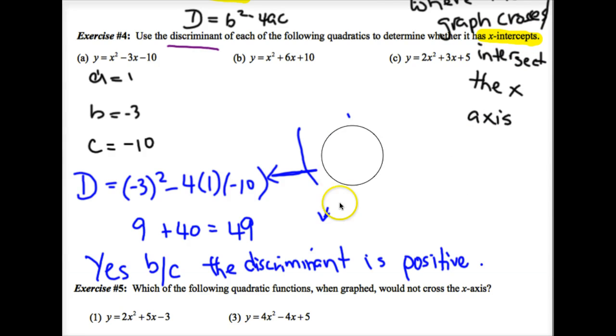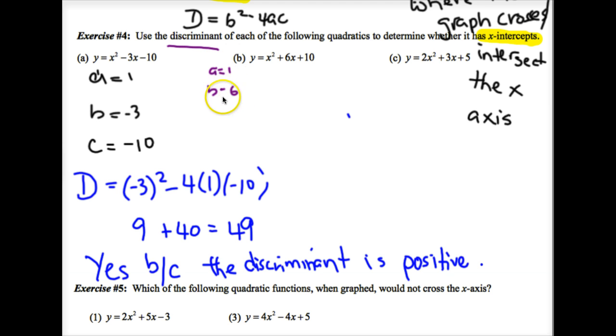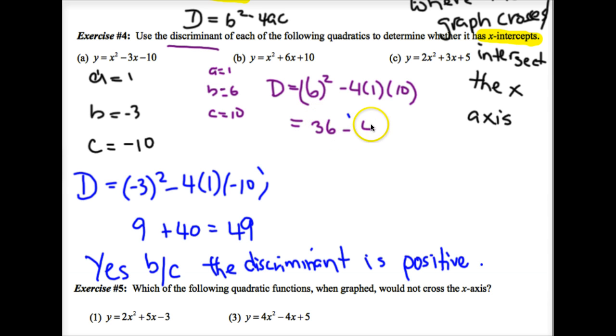Now getting rid of this, let's try B and see what we got for B. The discriminant, my A is 1, my B is 6, and my C is 10. Discriminant is equal to 6 squared minus 4 times 1 times 10. This becomes 36 minus 40, which is -4.